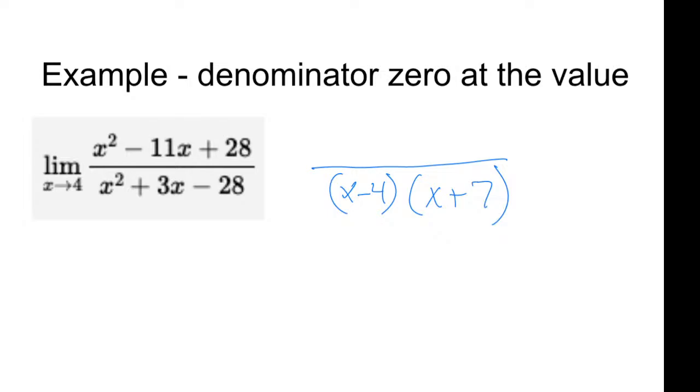As x goes to 4, x minus 4 is going to be 0. Whatever the other term is, we're going to get a 0 in the denominator.